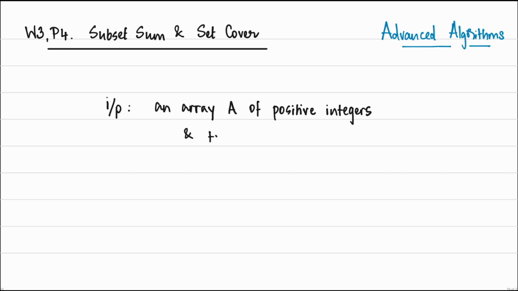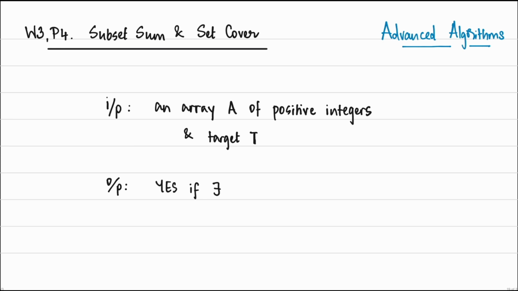And you're given a target, which is also a positive integer, which I'm going to denote by T. And the output is yes if there is a subset of the integers in the array A whose sum is exactly T and no otherwise.